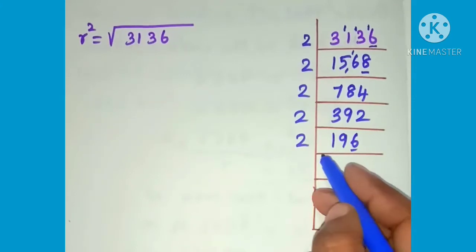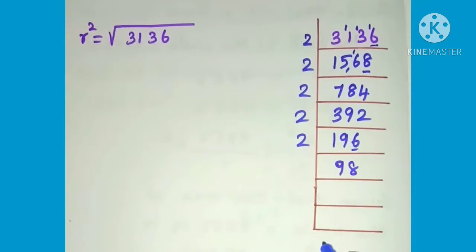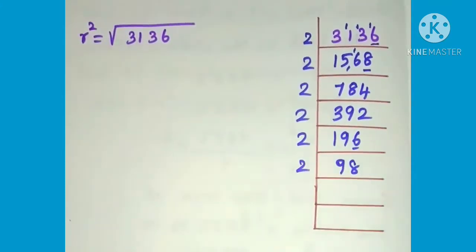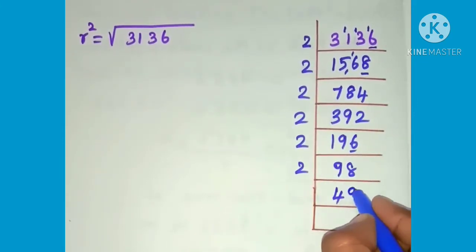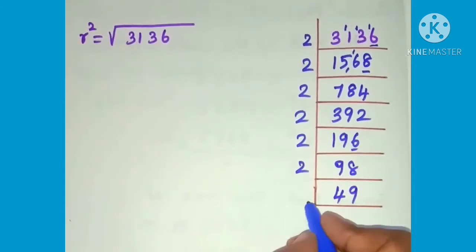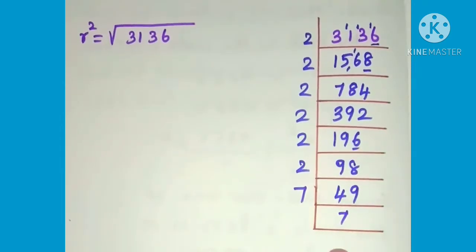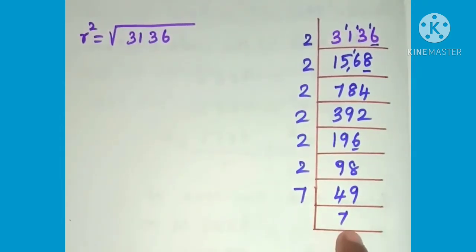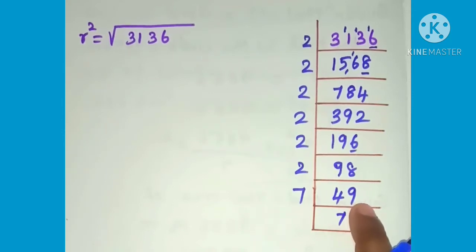It is divisible by 2, and 196 is 98 times 2. Again we can take 2. So here 4 2s are 8, remainder 1, and 9 2s are 18. Here we can take 7. So 7 into 7 is 49, and here the last digit is 9, which is an odd number and we can't take 2.